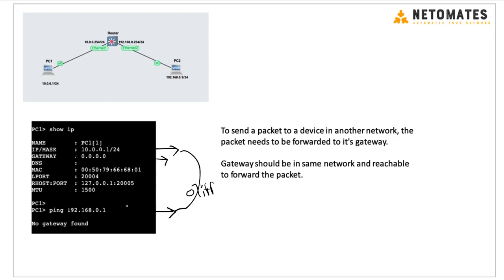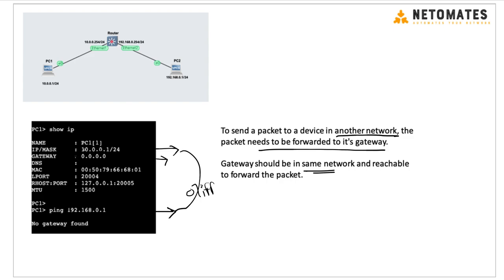So in order to send a packet to a device in another network, the packet needs to be forwarded to its gateway. Basically, PC1 cannot directly send a packet to an IP which is in a different network. So first it should send it to a gateway or a router. The gateway also should be in the same network.